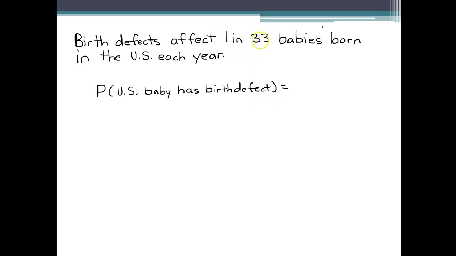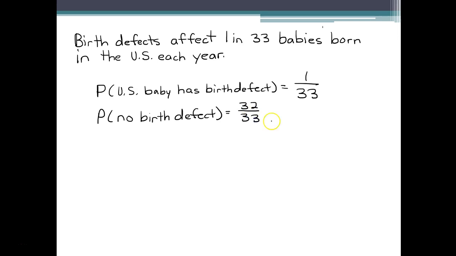So for every 33 babies born, one of those has a birth defect. If you want the probability of no birth defect, then that has to be 32 over 33. Because these two have to add up to 1. Probability of something happening plus probability of something not happening has to add up to 1. So no birth defect has to be 32 over 33.